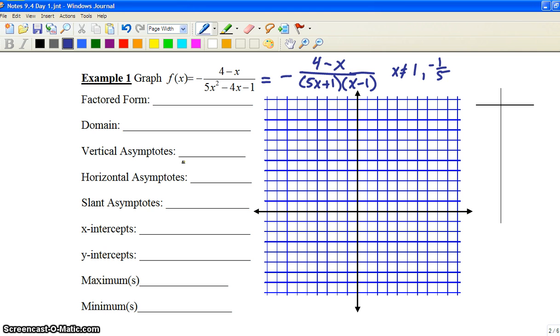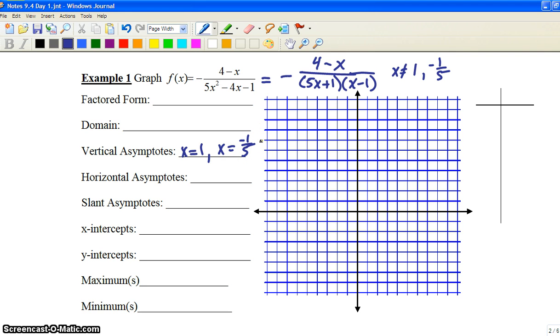Those two values are exactly the same as the domain restrictions, or the values that x is not allowed to be. So our vertical asymptotes are x equals 1. We stated it in a positive fashion because it's a line. x equals 1 is the line, and the second one is x equals negative 1/5.